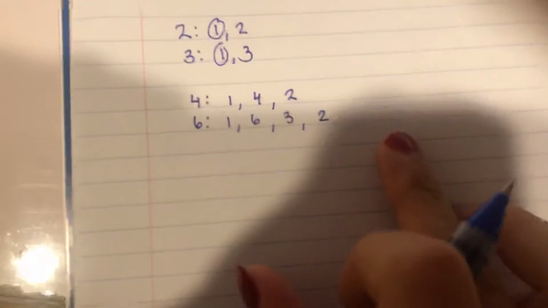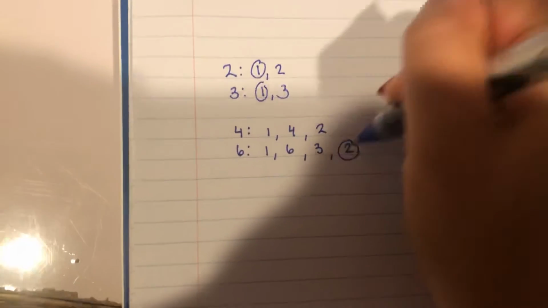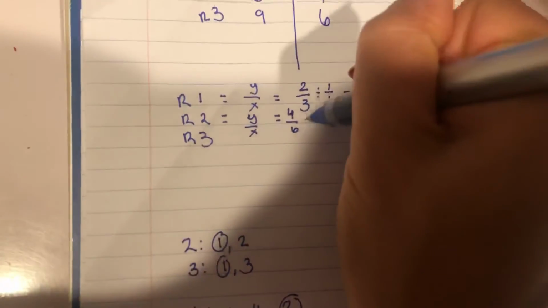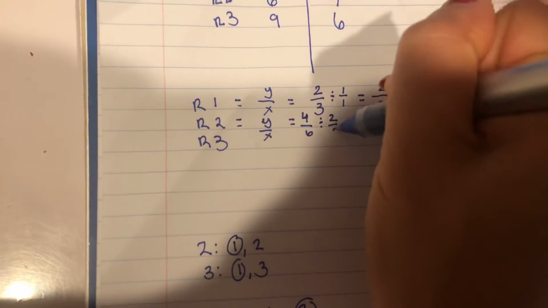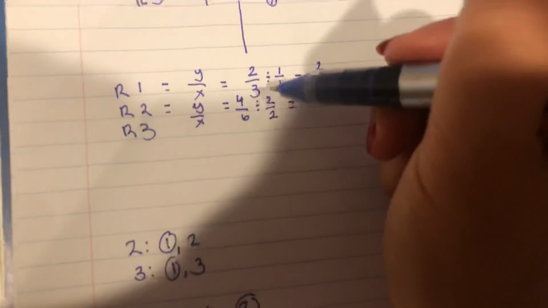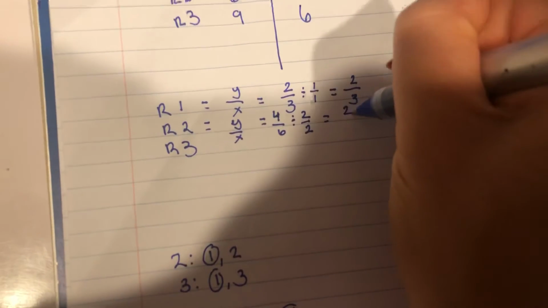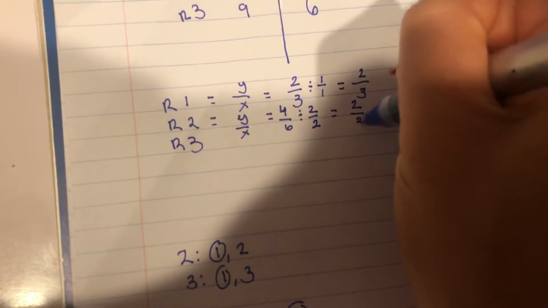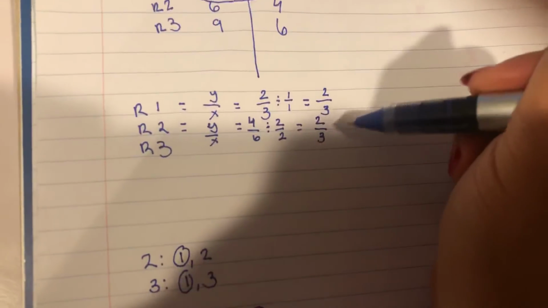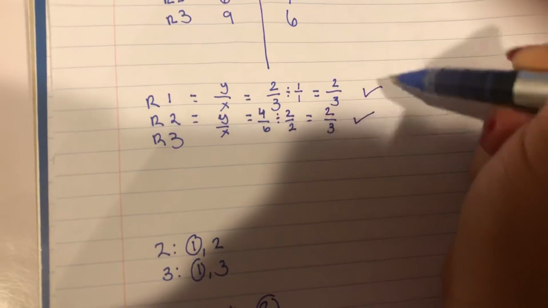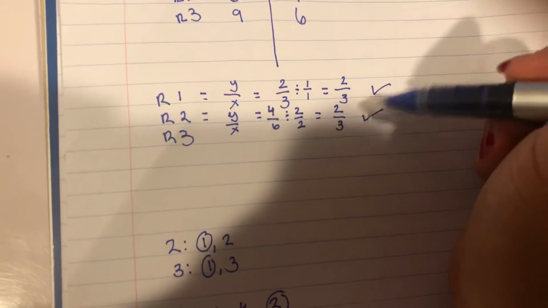And then for 6 I have 1 and 6, and 3 and 2. So the greatest common factor between these two is 2. So I'm going to divide, and that's going to give me 4 divided by 2 is 2, 6 divided by 2 is 3. So that also gives me 2/3. So already these are equivalent ratios so far.